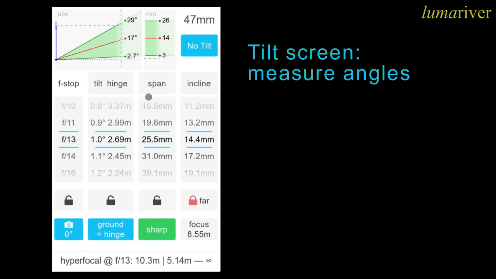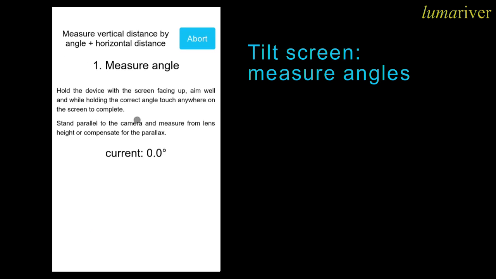The final measurement button is for the hinge distance or ground distance. The objective here is to measure a vertical distance by first aiming at the base, usually an object at the ground some distance away, and then set the horizontal distance to it. So first aim at the base from camera height or compensate for the parallax and tap the screen.